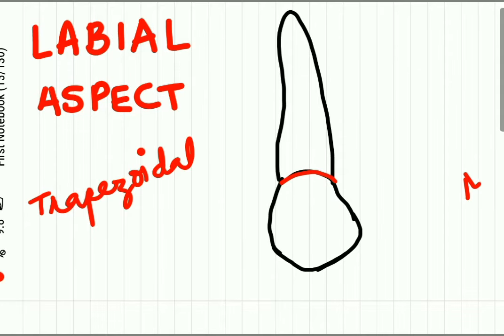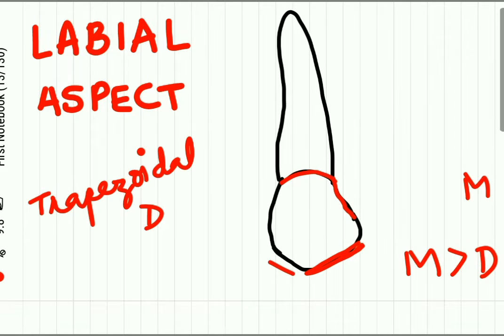Suppose this is the mesial side and this is the distal side. The mesial outline is slightly concave from the cervical line to the contact area, and the mesial slope of the cusp is longer than the distal slope.